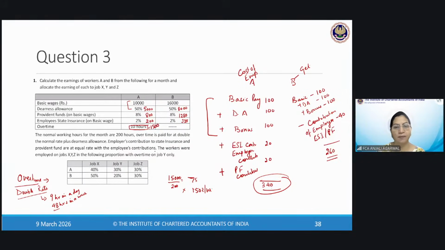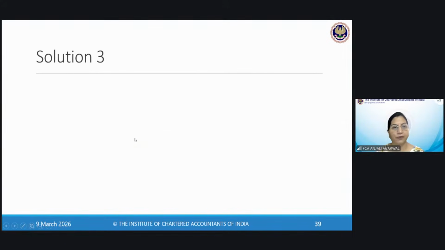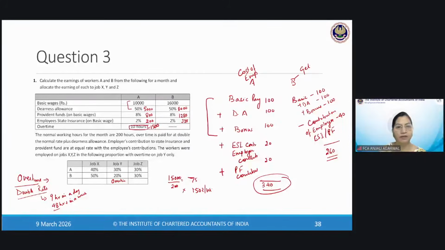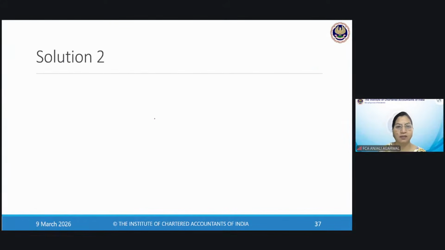So same thing here. Workers are employed on jobs X, Y, Z and the overtime was done only for job Y. So how will you do the cost? 10,000, 15,000, 16,000, and 16,000 is the total cost for worker A, plus another 1,500 overtime.